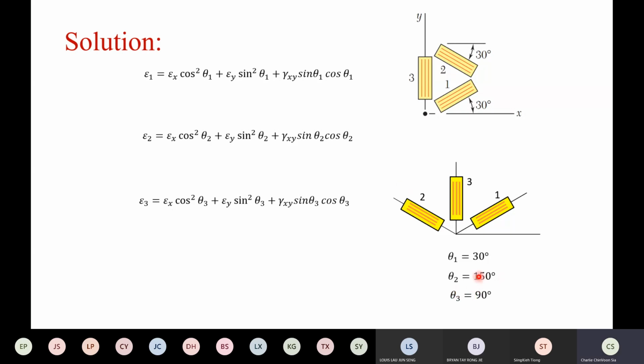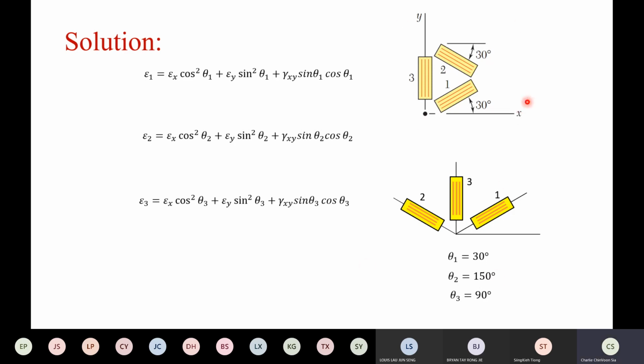For theta 2 you can write 150 or negative 30, up to you. Any questions before I proceed? No? Okay, clear.